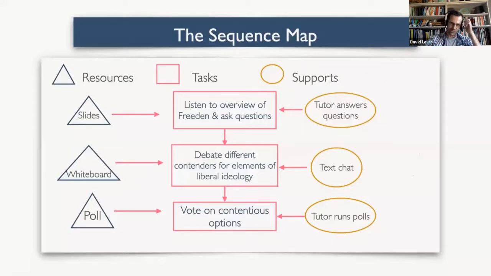So basically, it lets the person who's going to be using a learning activity which they haven't designed know what they need to have, and again, what the different tasks are, and the kind of elements that are going to support the exercise. And it basically walks you through the activity. So you know the resources, the tasks, and the supports at each stage.